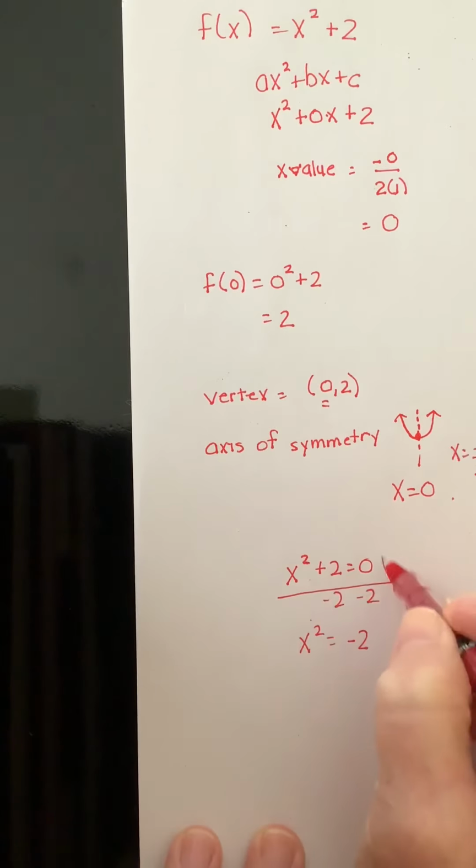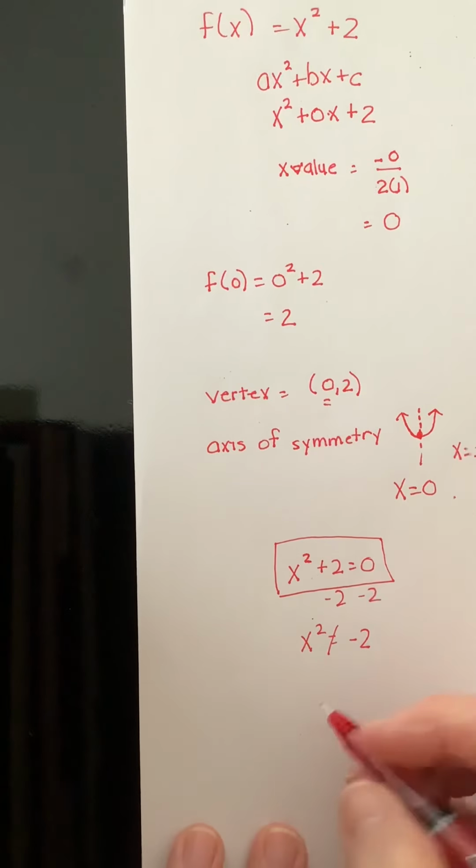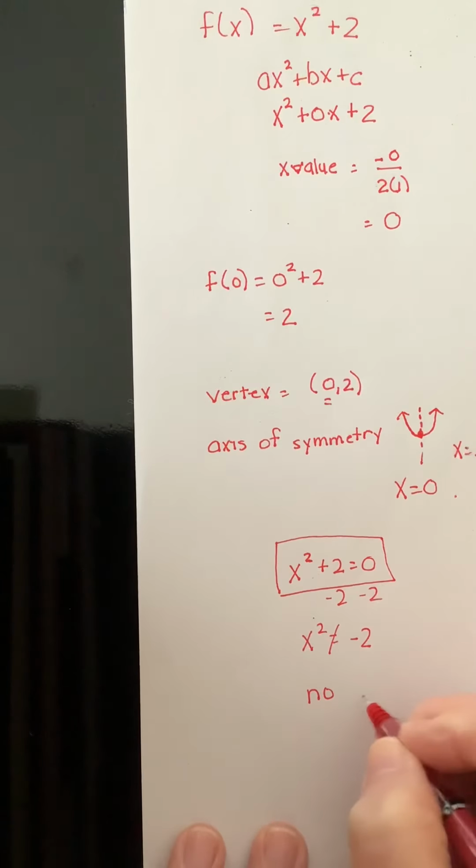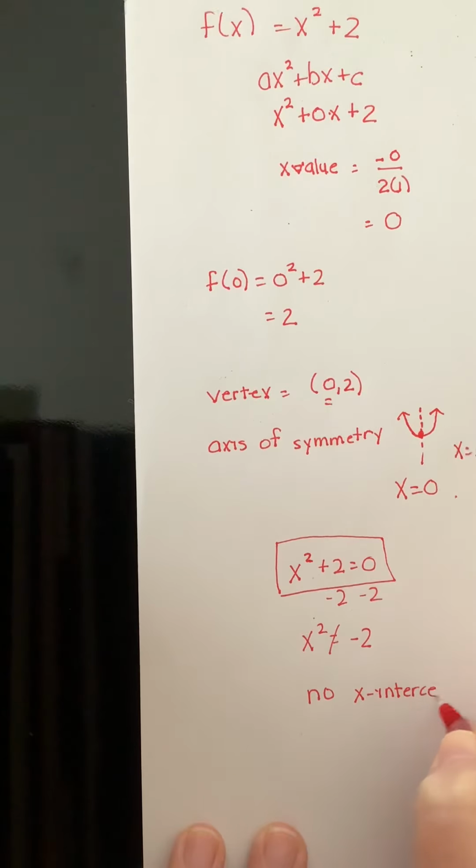You can't factor that either. So there are no x-intercepts. There are no answers. It's never going to cross the x-axis.